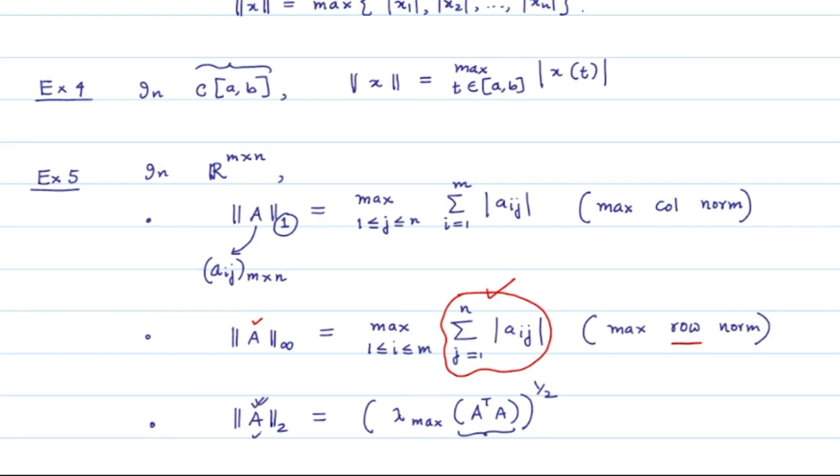If capital A is a symmetric matrix of order n by n, then this expression of norm A2 reduces to the maximum over absolute values of all the eigenvalues of the matrix capital A.